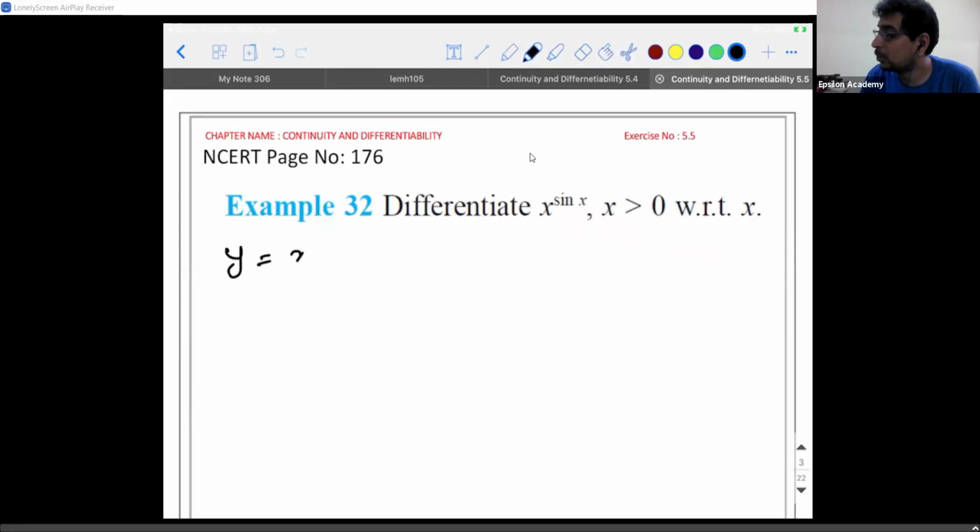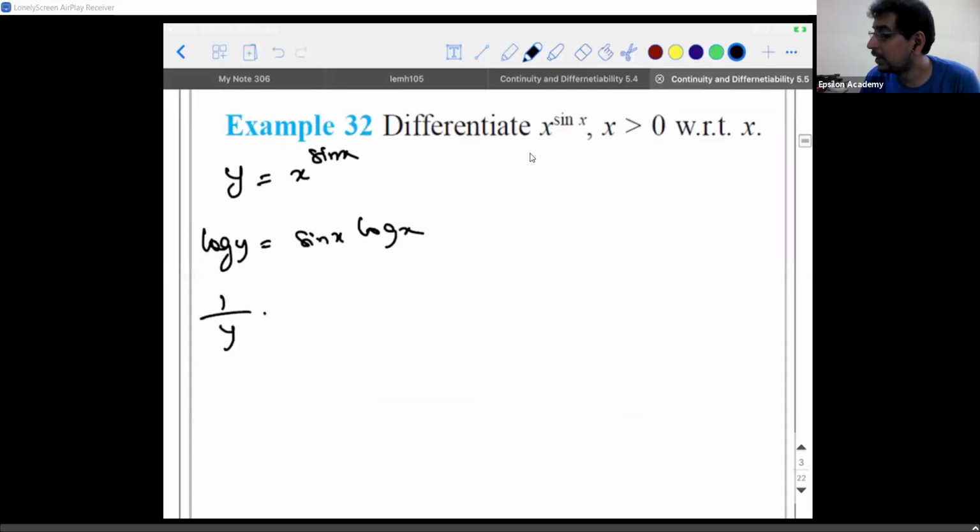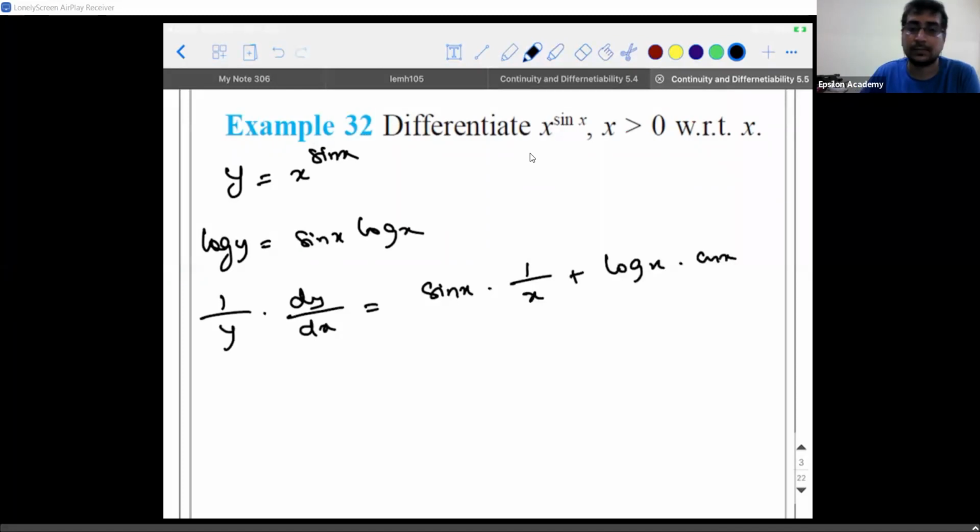So y is equal to x power sin x, and log y is equal to sin x into log x. So 1 by y into dy by dx is equal to the derivative of sin x into log x, which is sin x into the derivative of log x, 1 by x, plus log x into the derivative of sin x, which is cos x.